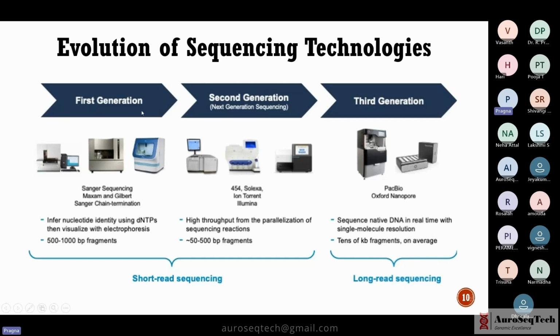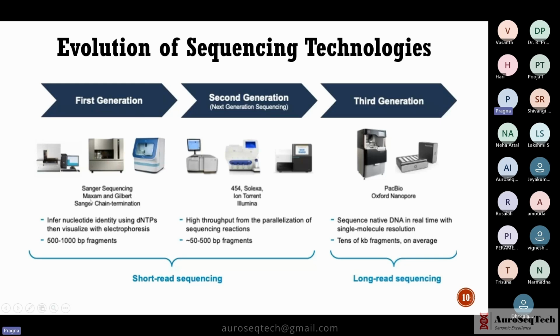The first generation of sequencing technology was developed by Maxam and Gilbert and Sanger. This is also referred to as Sanger sequencing or the chain termination method. It was initially developed by Frederick Sanger back, I guess, in 1977.